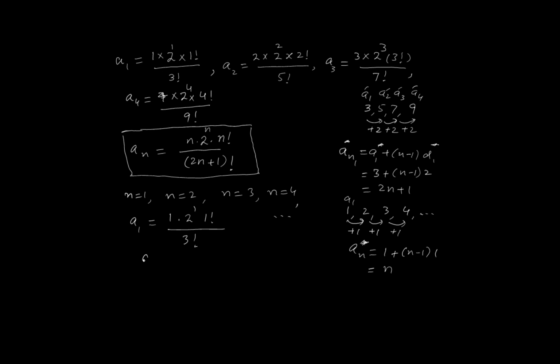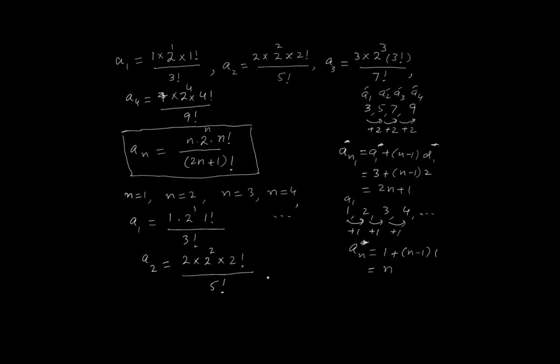Now if I put n is equal to 2, so 2 multiply 2 power 2, n is 2 and 2 factorial, divide 2 multiply 2 plus 1, 5 factorial.